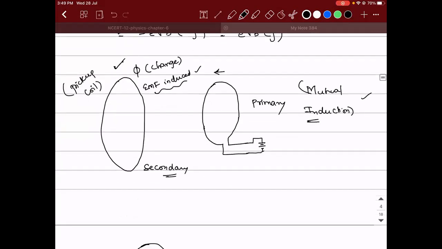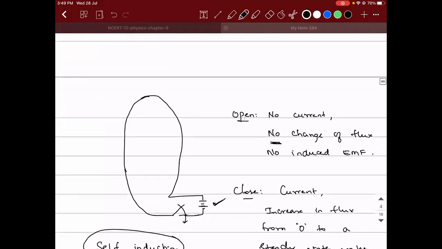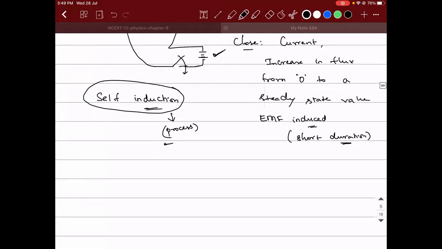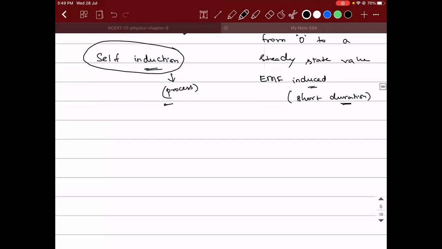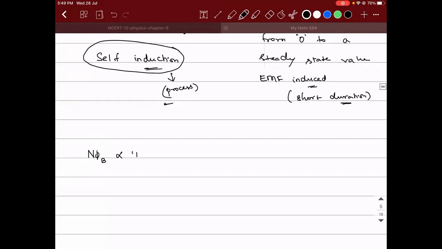Okay. So once this is over, if you guys have made a note, I would like to stress some important points. So can I say the total flux associated with a coil is directly proportional to the amount of current flowing through it?